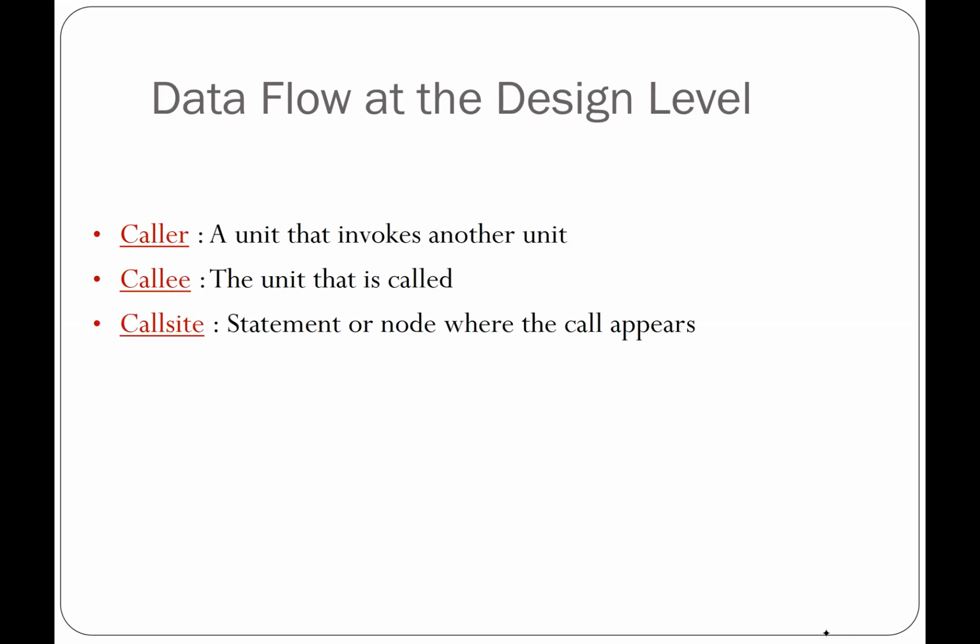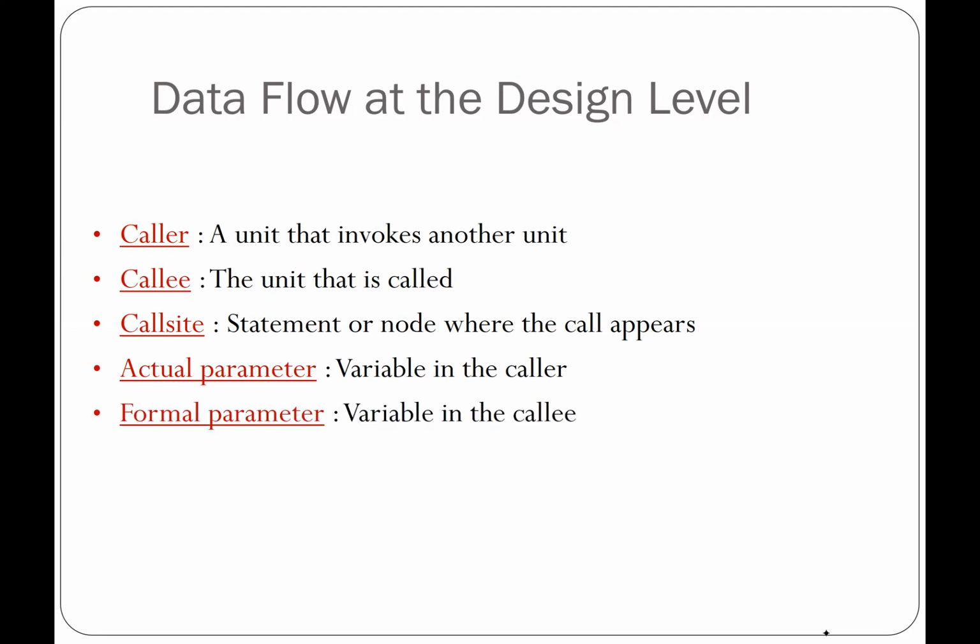A call site is the statement in the caller unit where the call happens. The actual parameter is the variable as it's named in the caller unit, and the formal parameter is the variable name as it's called in the callee unit.